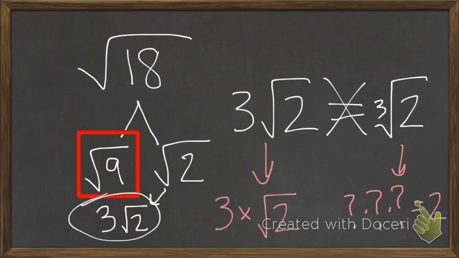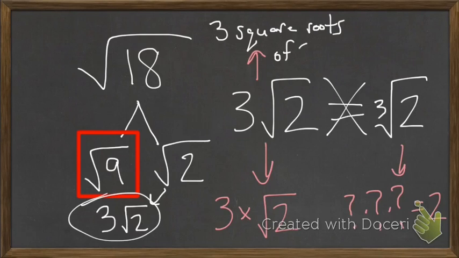This is how we say this, in words. We say 3 square roots of 2, meaning 3 groups of the square root of 2, like the square root of 2 plus the square root of 2 plus the square root of 2.